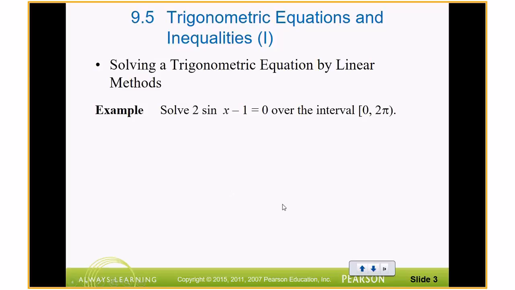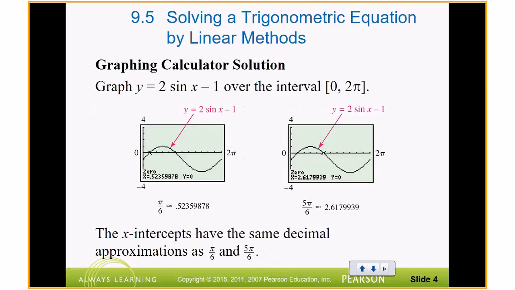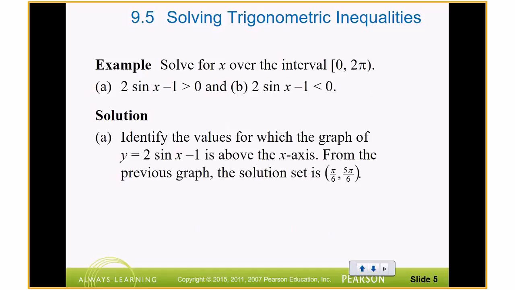We covered one like that, so I'm just going to keep going. That's showing you where we already talked about that. You're going to have different angles of the same sine and cosine, so we already talked about that. Solving.